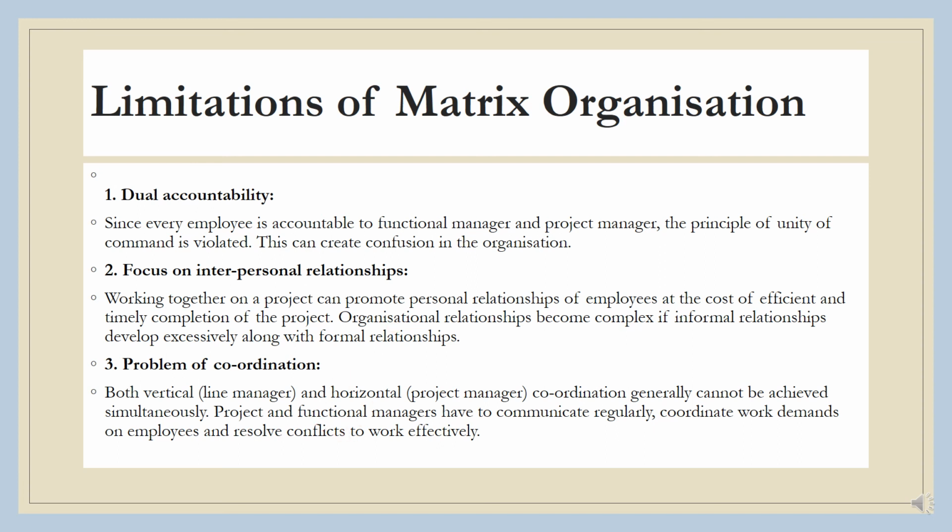The problem of coordination. Both vertical and horizontal managers, the coordination generally cannot be achieved simultaneously. Project and functional managers have to communicate regularly, coordinate work demands on employees, and resolve conflicts to work effectively.